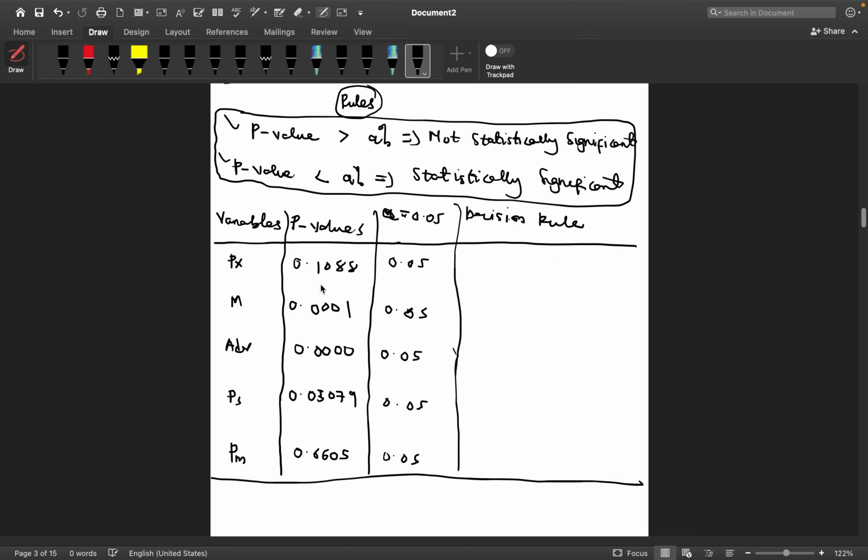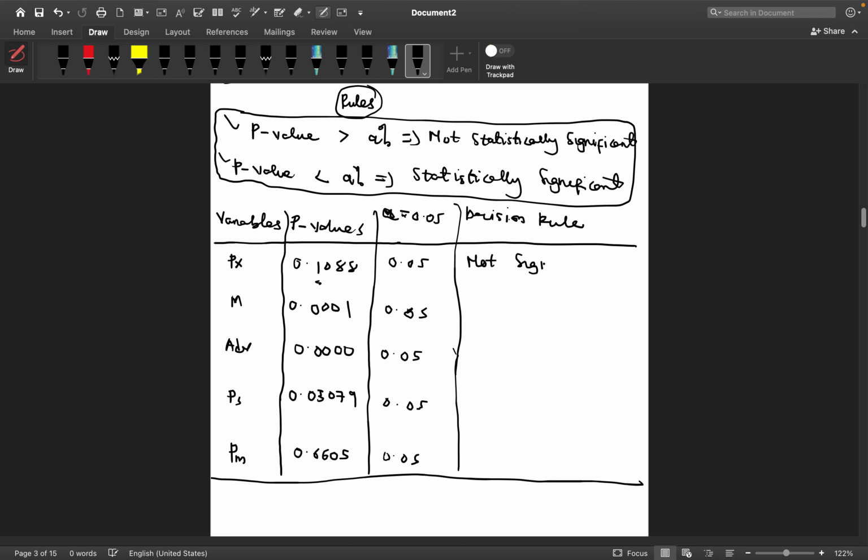Now, if this p-value is greater than this, it means it's not significant. If it's less than the 0.05, then it means it's what? Significant. So the first one, this is bigger than this, so not statistically significant.